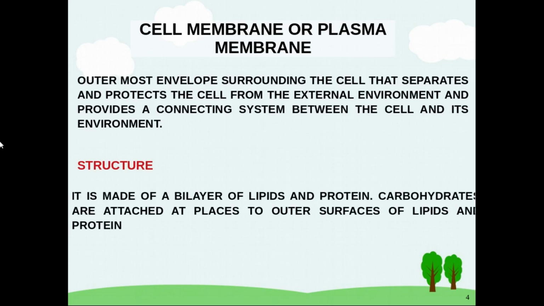Structure: it is made of a bilayer of lipids and protein. Carbohydrates are attached at places to the outer surfaces of lipids and protein. Please copy down to your notebook.